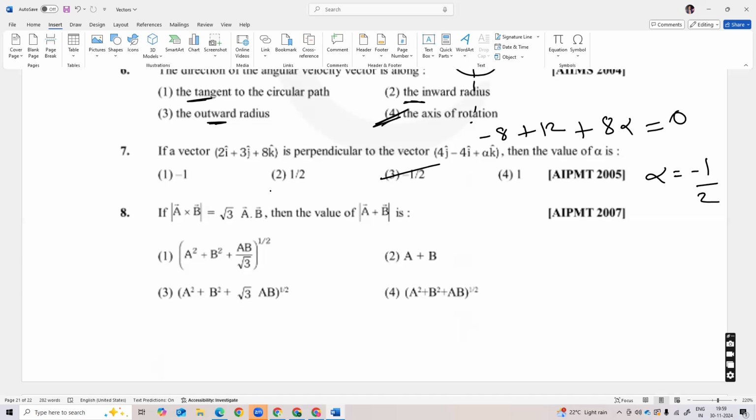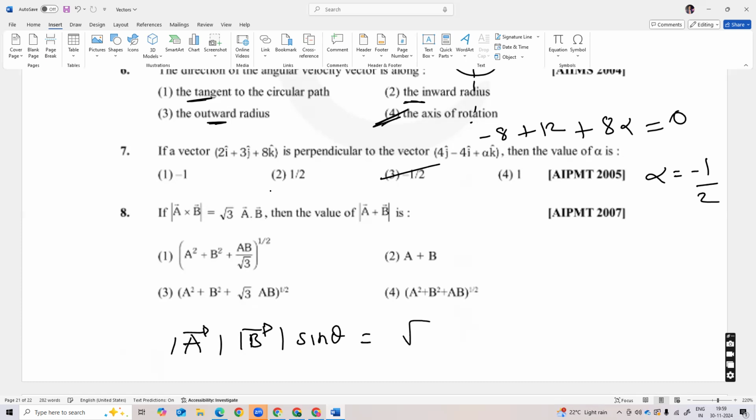Again, coming to the last question: if a cross b is root 3 times a dot b, then find the value of a plus b. So what is the magnitude of a cross b? It is magnitude of a, magnitude of b into sine theta.